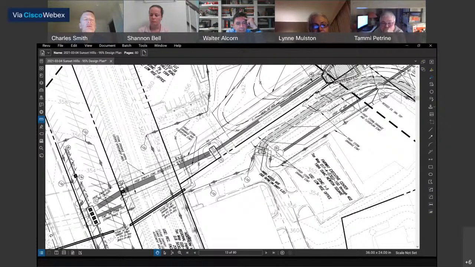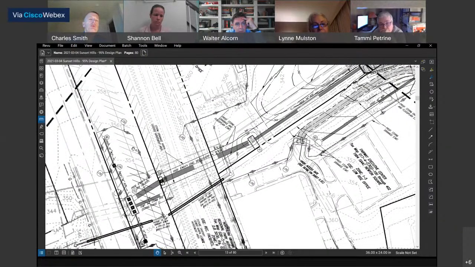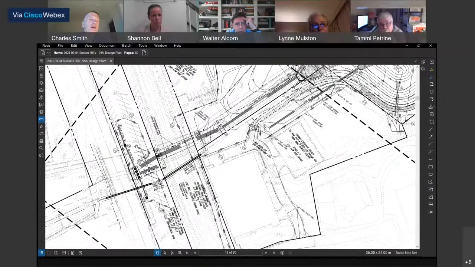No, what I said is that during our value engineering study, we looked at that very alternative. It's a really common use to put in an underground vault system. But as Shannon showed earlier, there simply is not enough space. You couldn't build a deep enough, wide enough pit to take enough water to prevent the need for the large pipes.